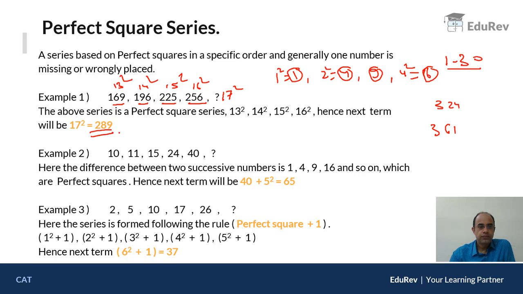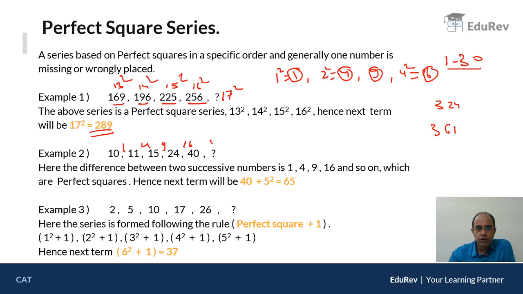Understood, guys? Fine. Now here again 10, 11, 15, 24, 40. Now it will start striking you if you have an affinity towards numbers. The moment you see the numbers, let's see the difference. 1 is the difference. Here the difference is 4. Here the difference is 9. Automatically I think, oh, the next difference should be 16, which is there. So these are square differences. 1 square, 2 square, 3 square, 4 square.